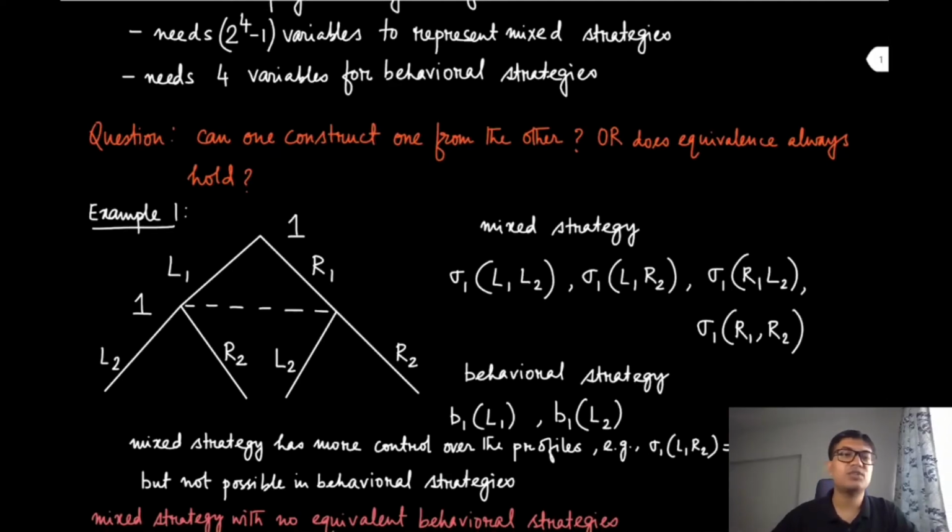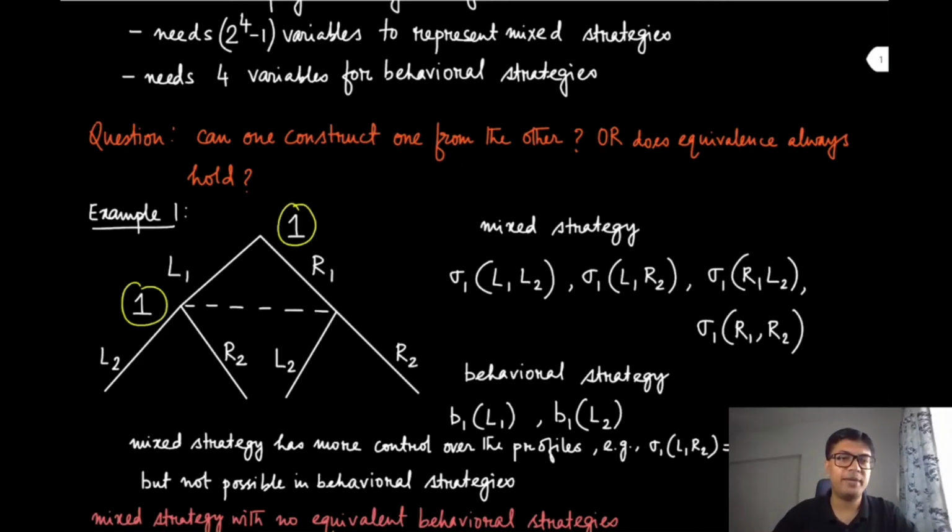So let us start with the first example, and we'll discuss 2 examples. In both these cases, the players are forgetful in different ways, as we'll see. If we look at this game, notice that this is a very special game where player 1 is playing in both these rounds.